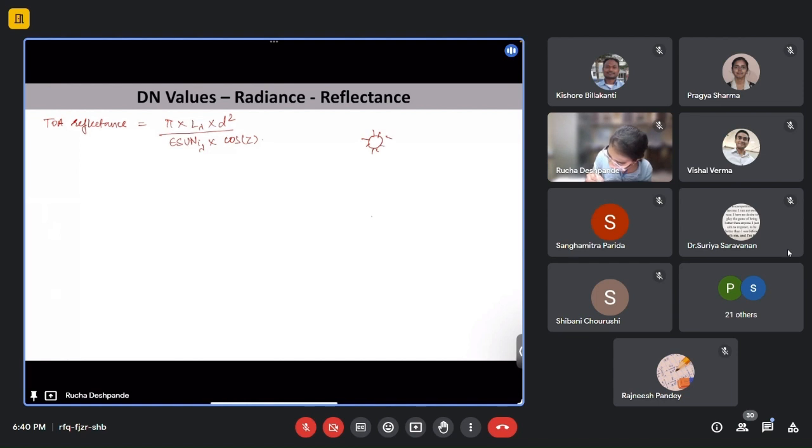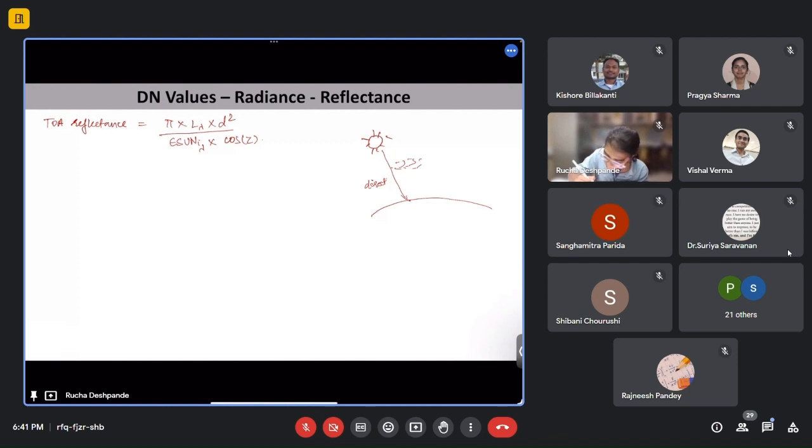So this is the same diagram. This is my point at the surface. We will look at the atmospheric factors. This is the direct irradiance.